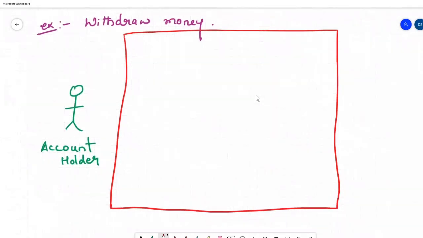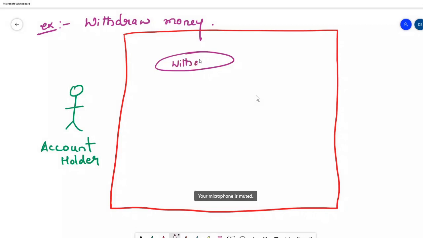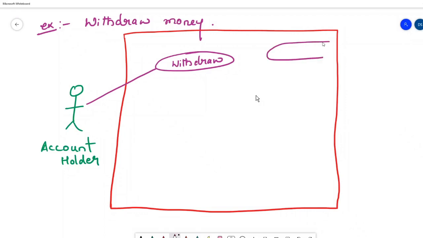Now, if he wants to withdraw, the first thing he is doing, the use case which we can draw, is withdraw. Now we want to understand the includes and the extends. If you want to withdraw money, it includes the validation or authentication of the user.